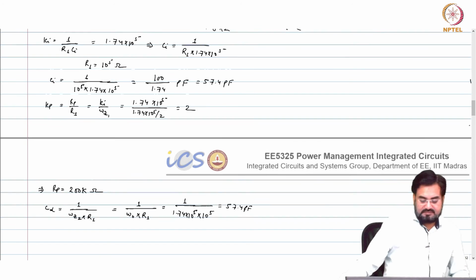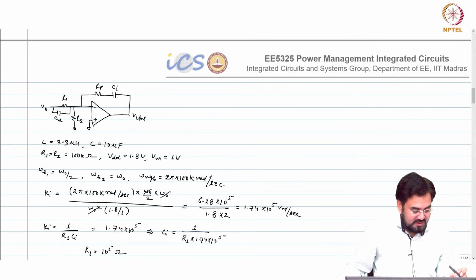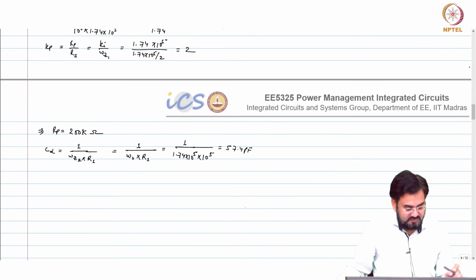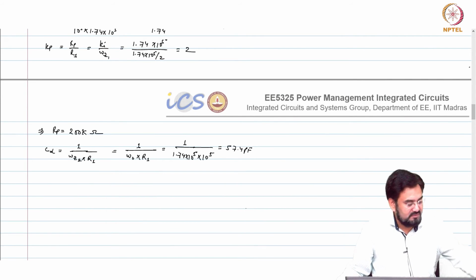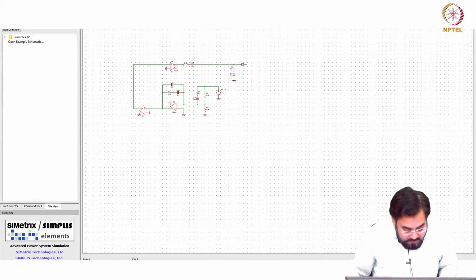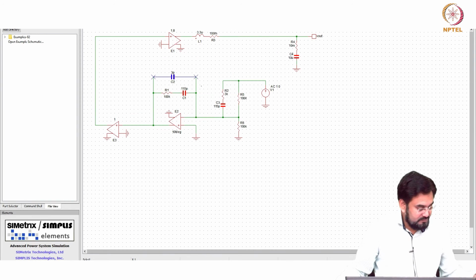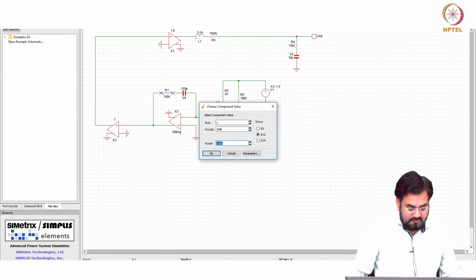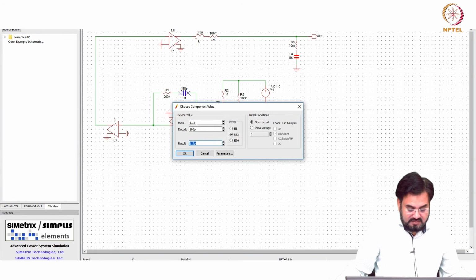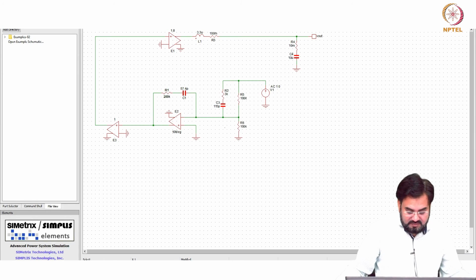Okay. So now all the values are known. We will substitute this and plot. So let me just open. 200K, 57.4 pico.